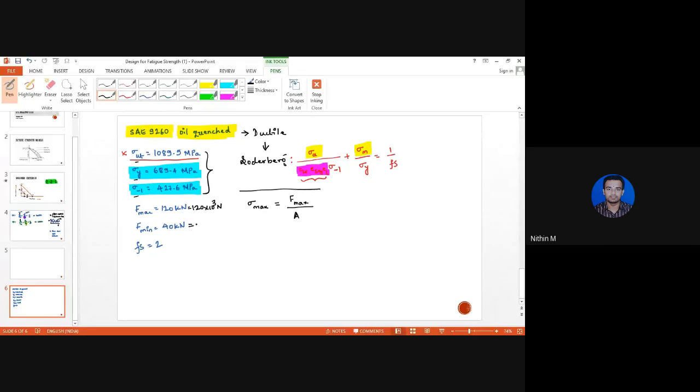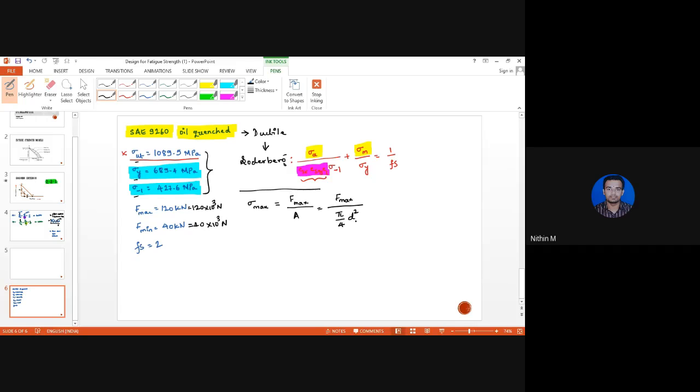And the minimum force acting on the component is 40 into 10 raised to 3 newtons. So always remember the consistency of the units. Then what is area? Since the component is circular in cross section, and they have asked you to determine the diameter of the component that is required, area is pi by 4 times d square.